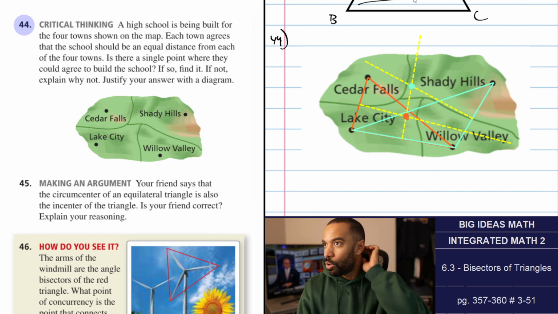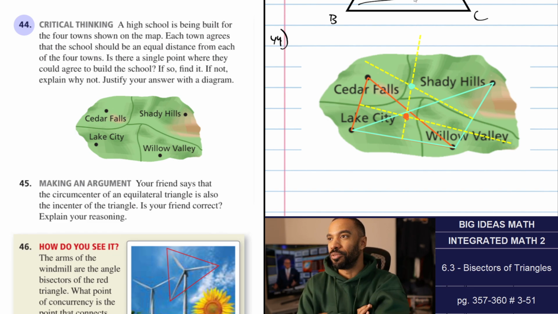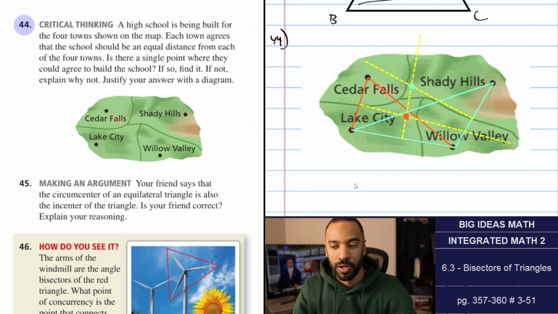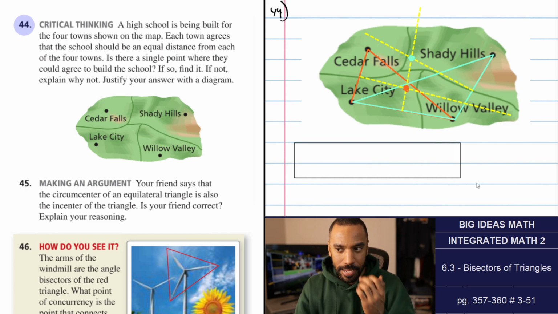In fact, the only kind of diagram that I believe would work would be any rectangle. A square is also a rectangle. I don't think it can work for any other shape.